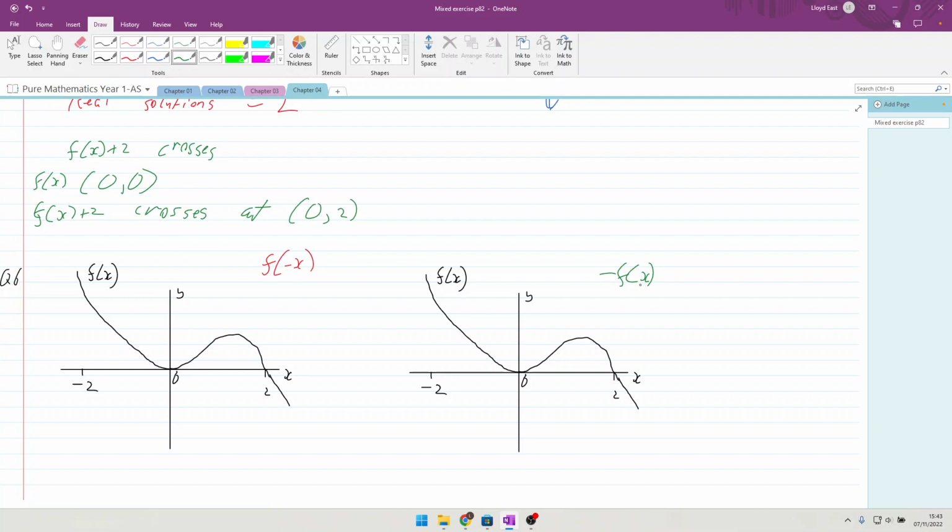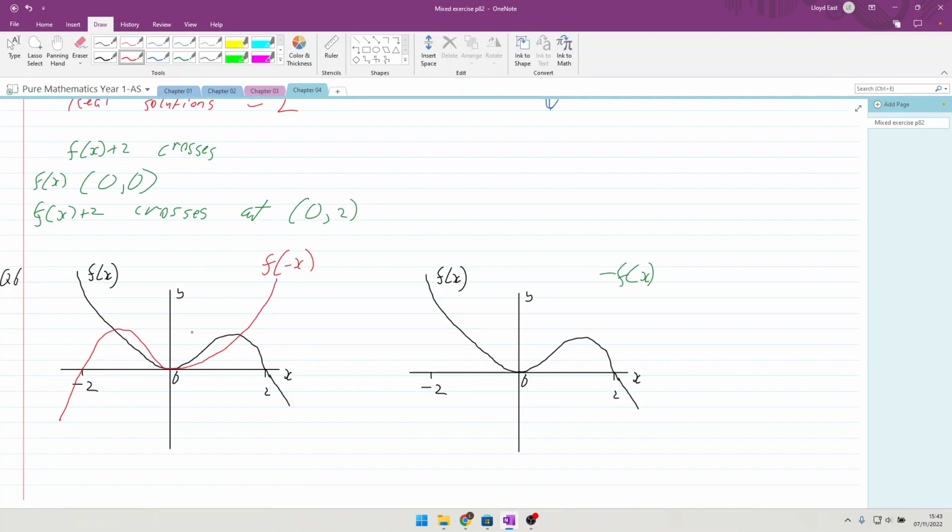Okay, so the first one in red, f of minus x, is a reflection in the y-axis. Okay, so reflection in the y-axis means it's going to come up from there and go through to there, and it's going to scoot off up there like that. Okay, so it's just a mirror image in the y-axis.